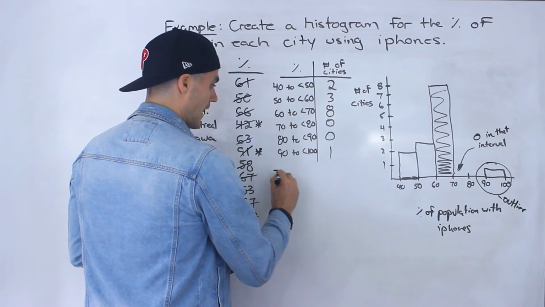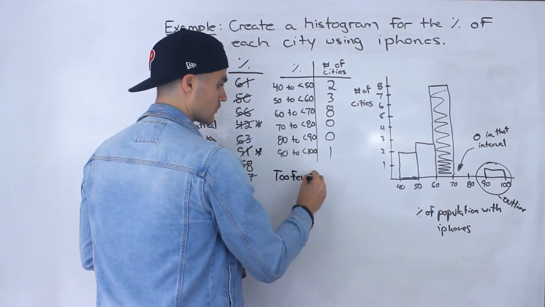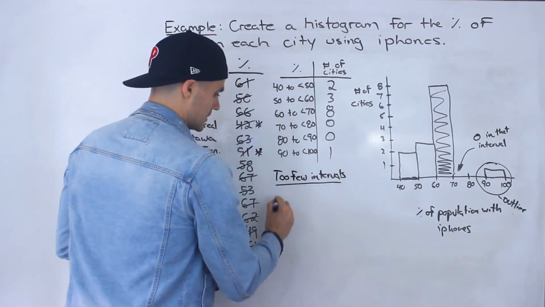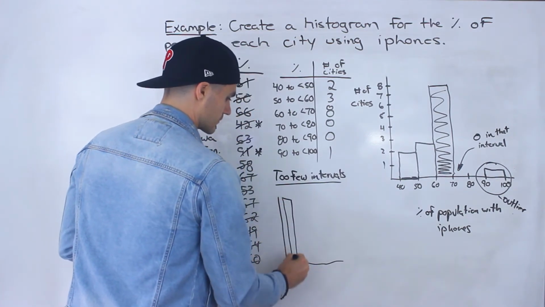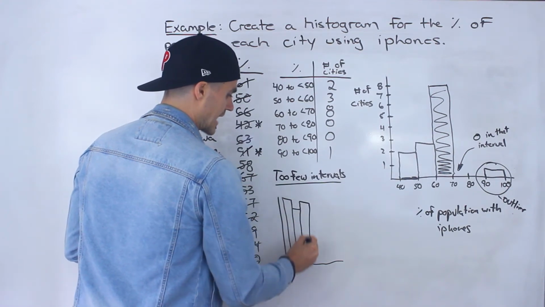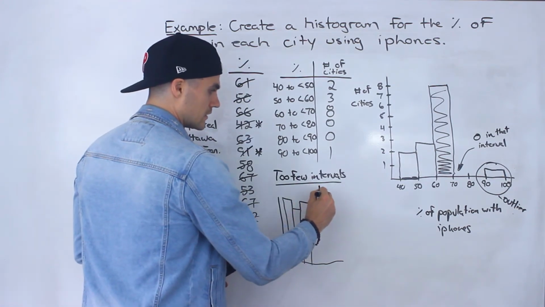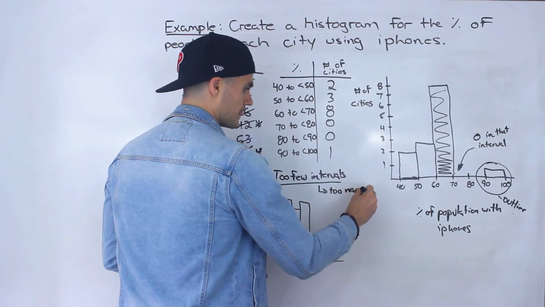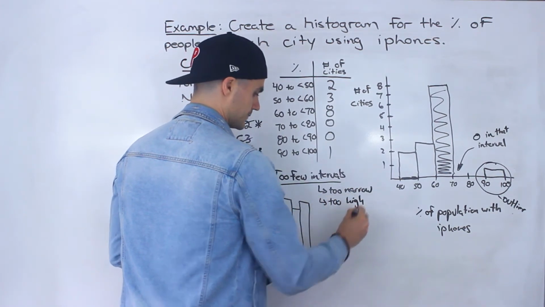Well, if you have too few intervals, what's going to happen is your histogram is going to have what's called the skyscraper effect. So it's going to be too narrow and too high, right?